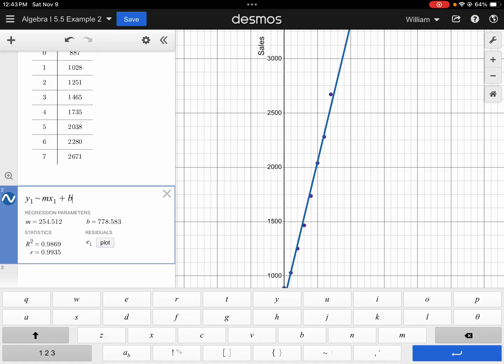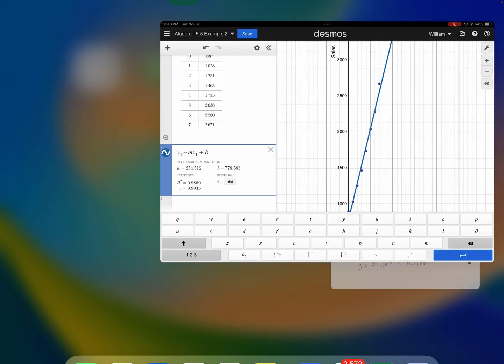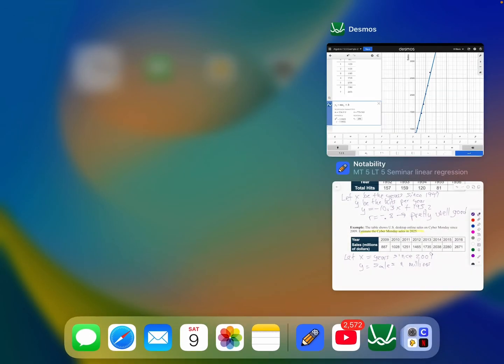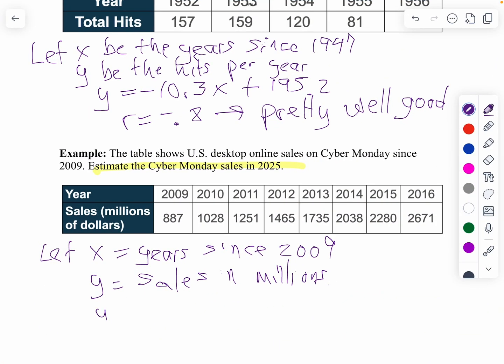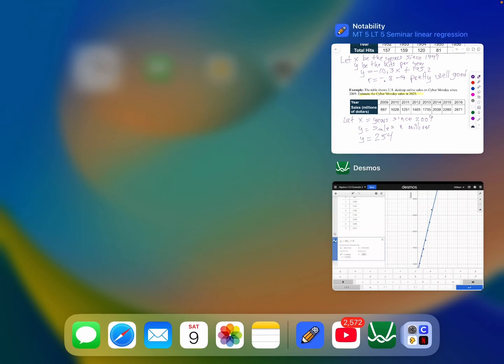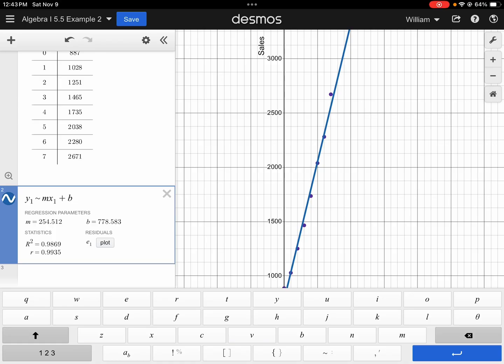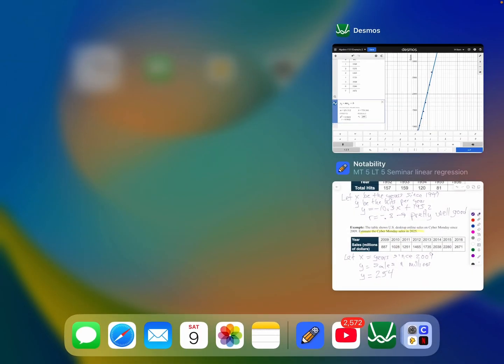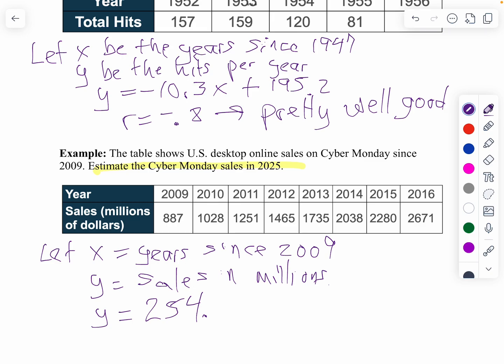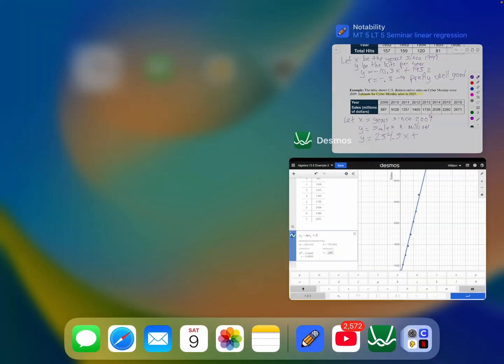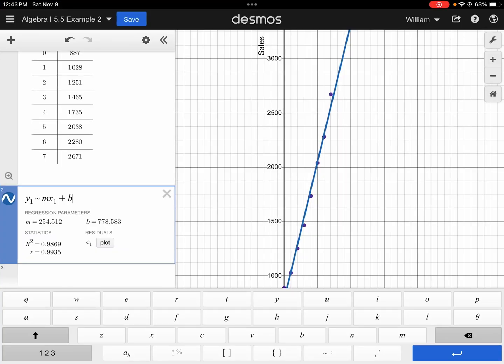So my equation is y equals 254.5x, probably could have just rounded that, but I'm going to say 254.5x plus 778.5.